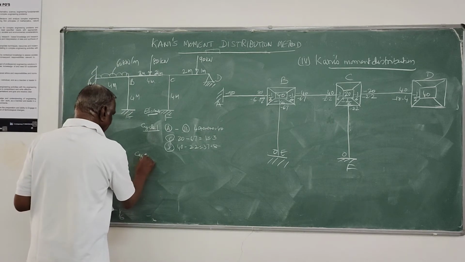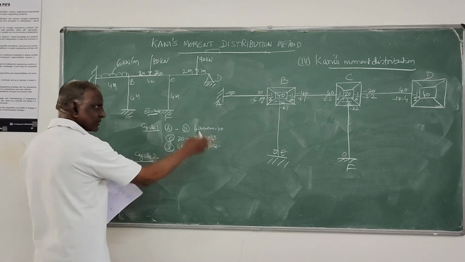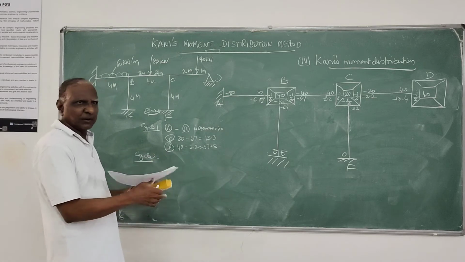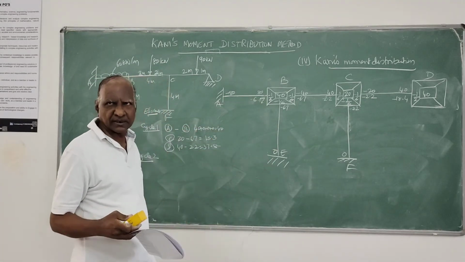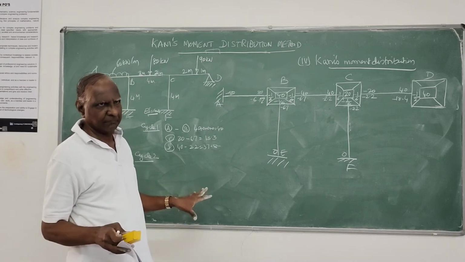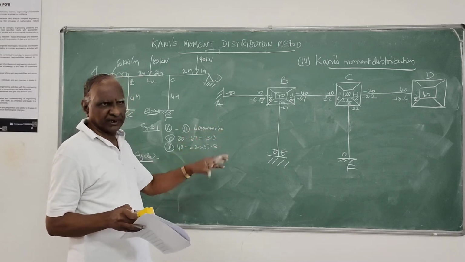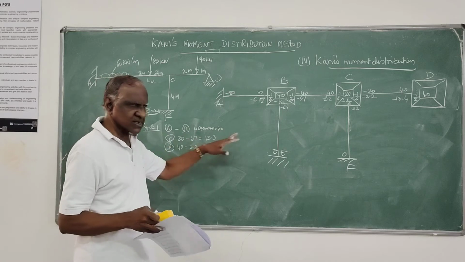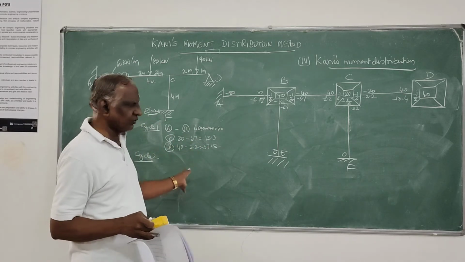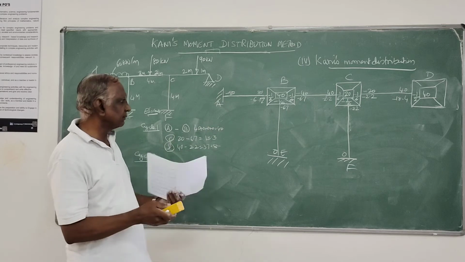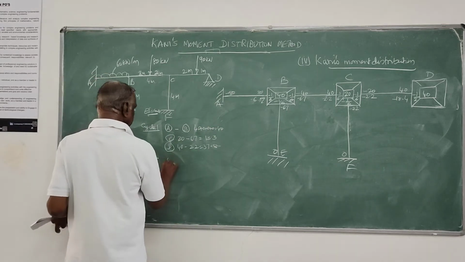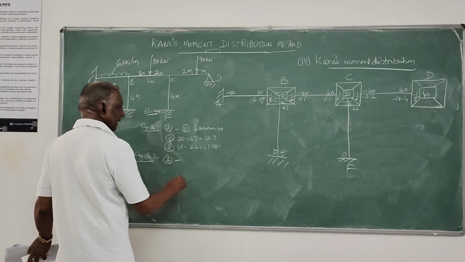Then cycle 2 I will indicate. First you can simply do it on your own, until consecutive rotation moment factors are the same, or not much different. You can stop and apply the same formula for finding the end moments of each member. For cycle 2, A as usual nil.